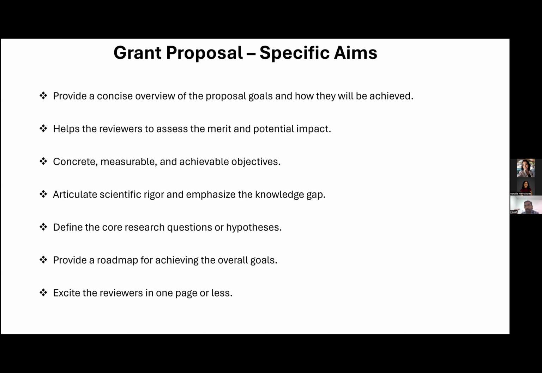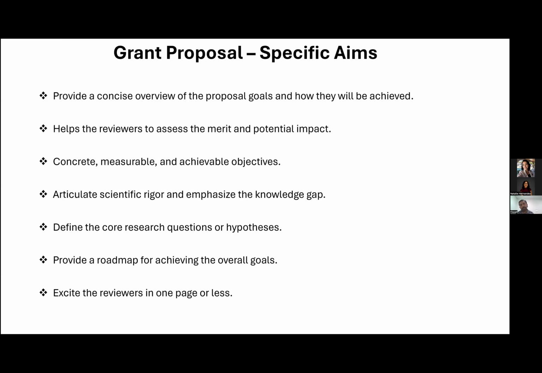So when you write your intro background, start from an overview in a broader umbrella, narrow down to the problem, and then identify the gap in the knowledge, what needs to be done, and what are the benefits if we address those gaps. And based on that, you define your research question or hypothesis.